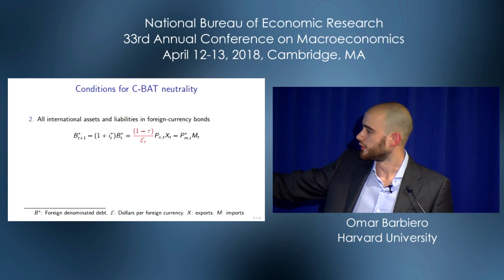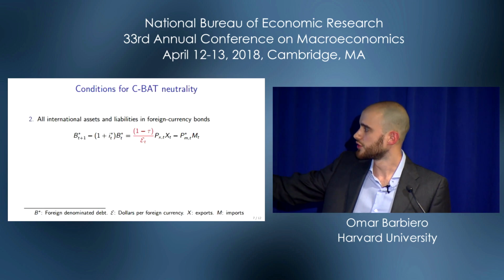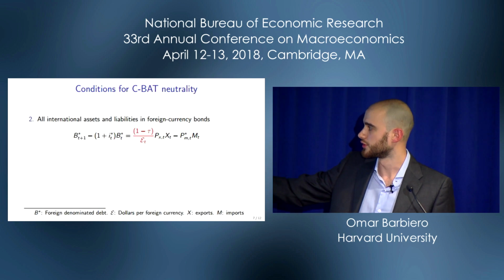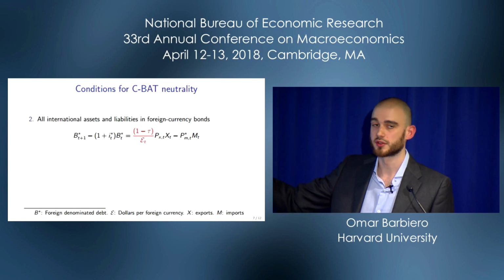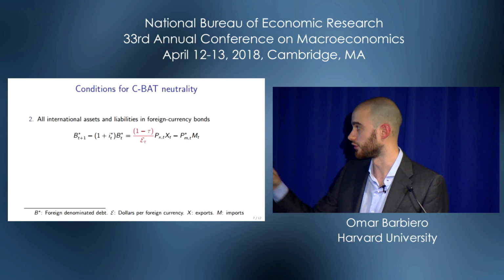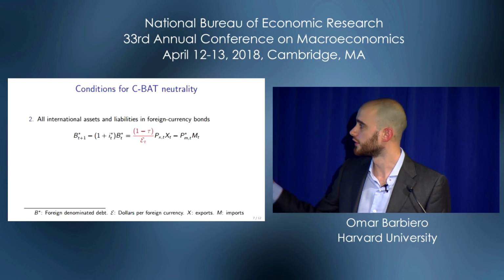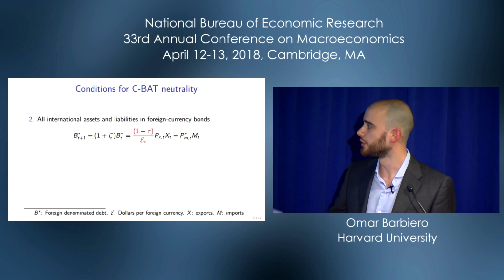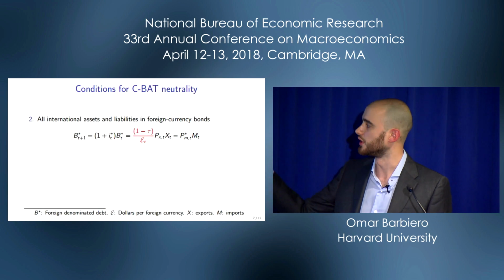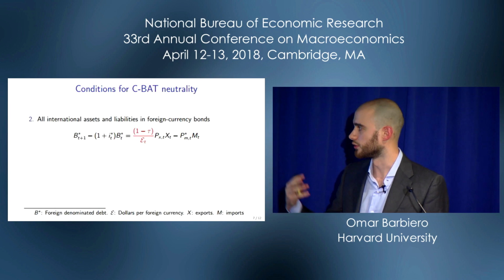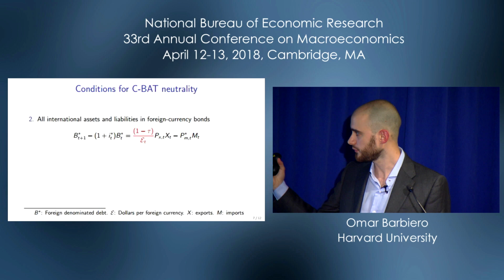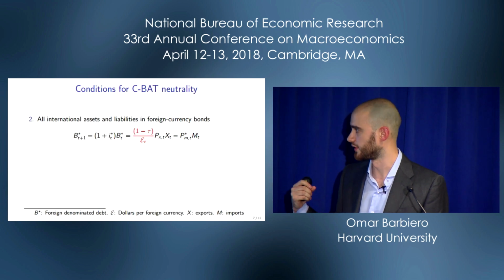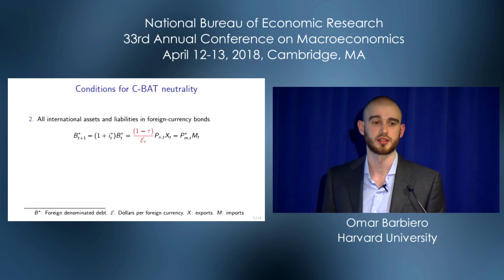Now, the net foreign asset position is fully in foreign currency, and there will be no change after an exchange rate appreciation, after a dollar appreciation. And for the trade balance, also there will be no change in value because the export exemption of the corporate adjustment tax will be completely offset by the dollar appreciation.